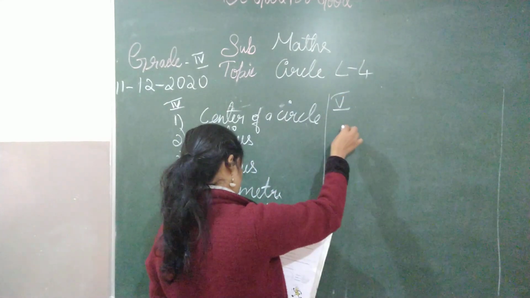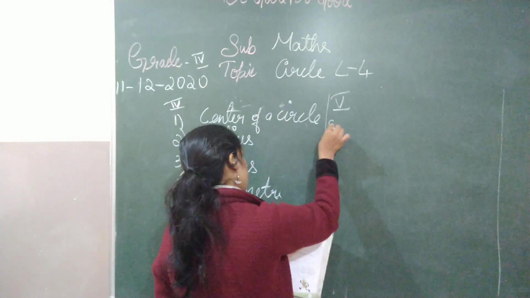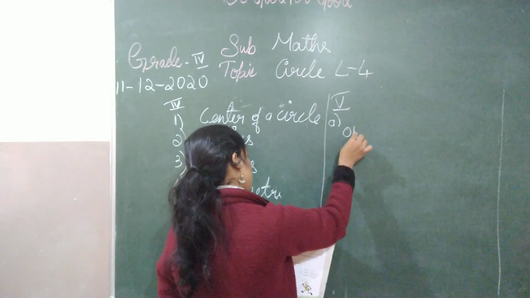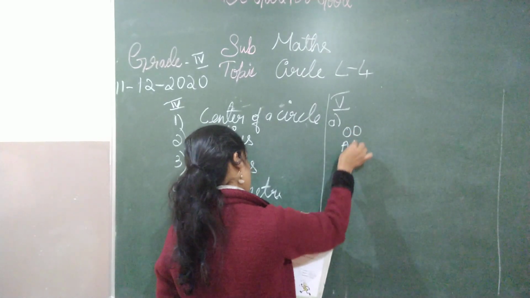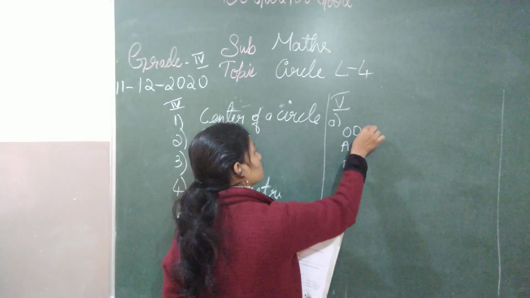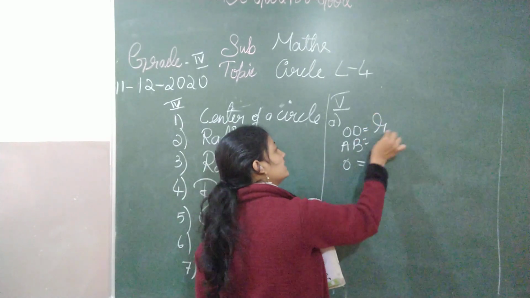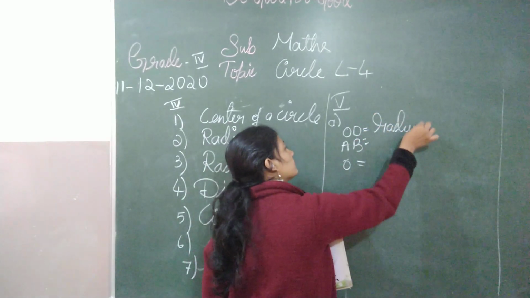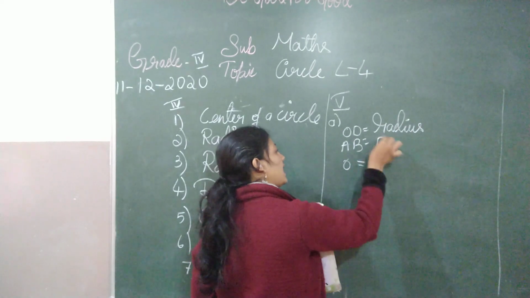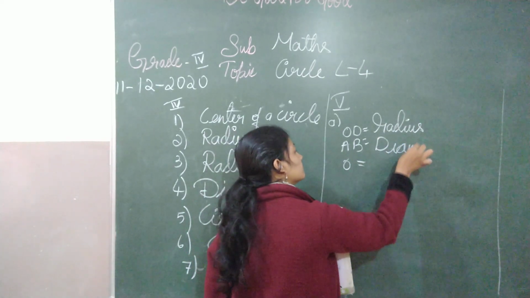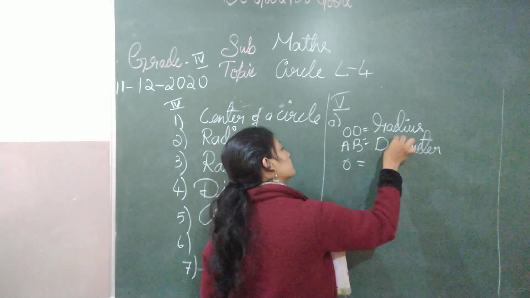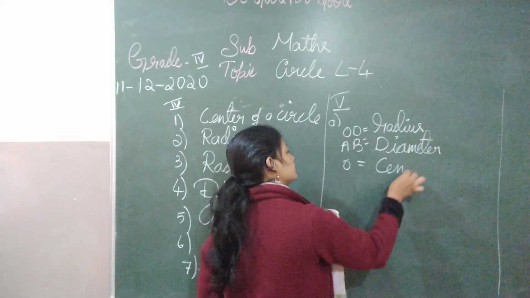Fifth one, A1, OD, AB, O. So OD is the radius, AB is the diameter, and O is the center.